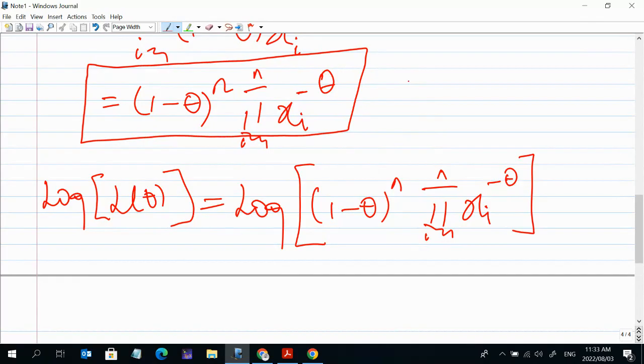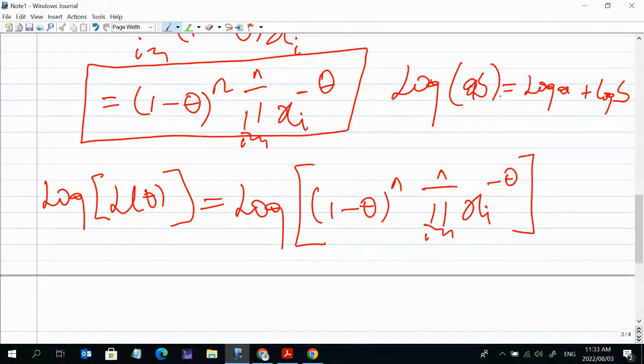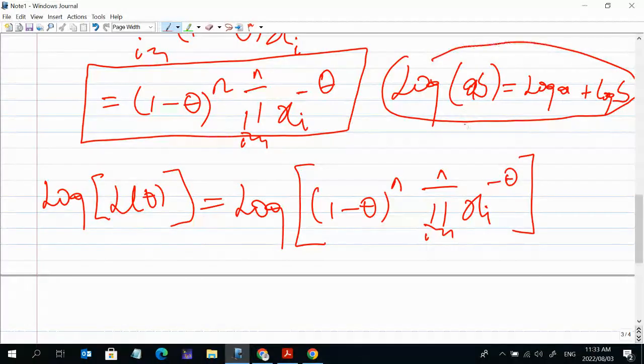Now, the log of AB is nothing but the log of A plus the log of B. We are going to apply this to that.